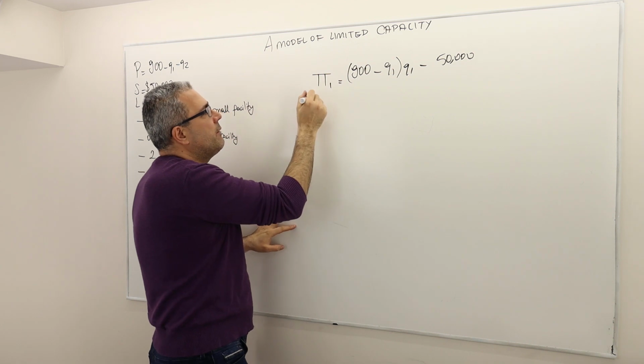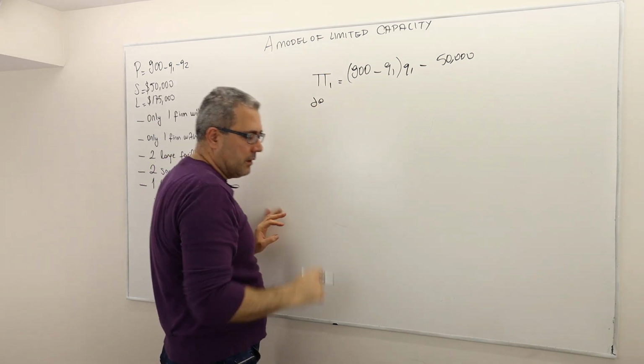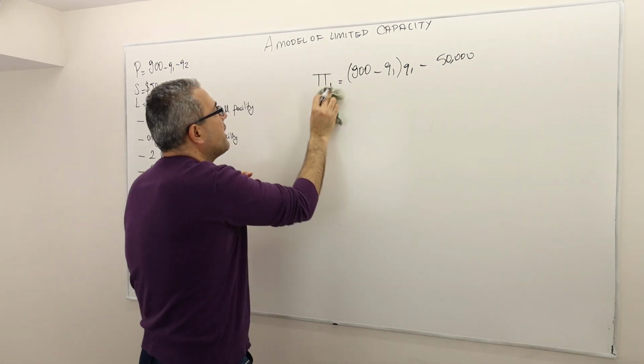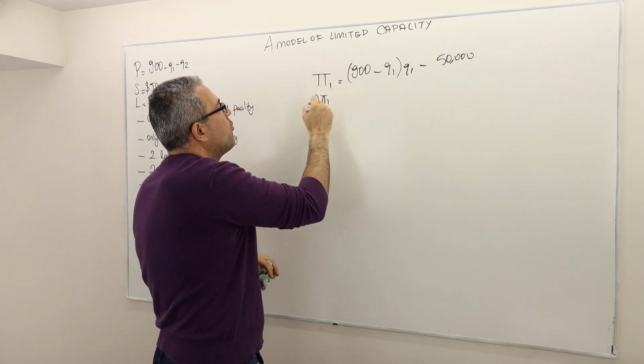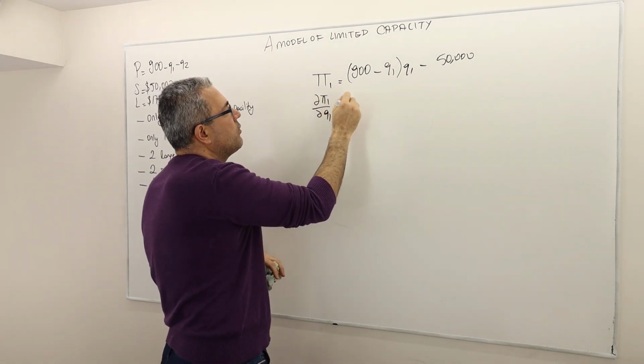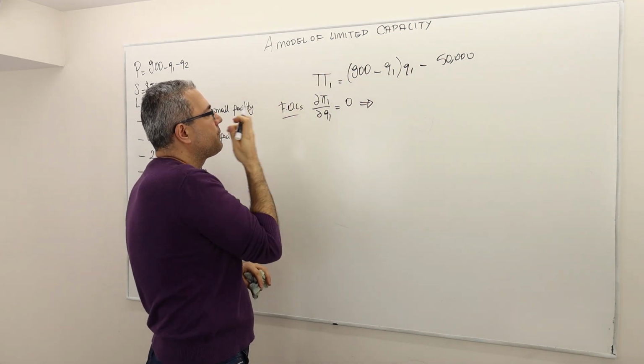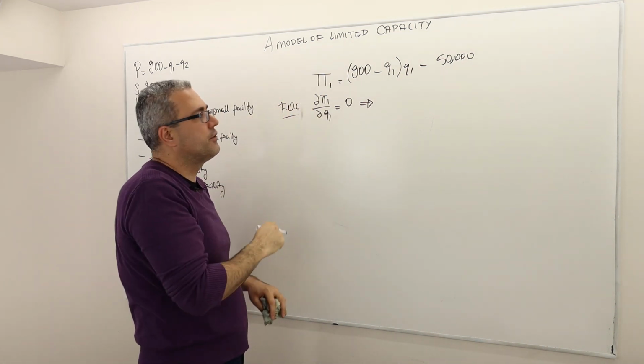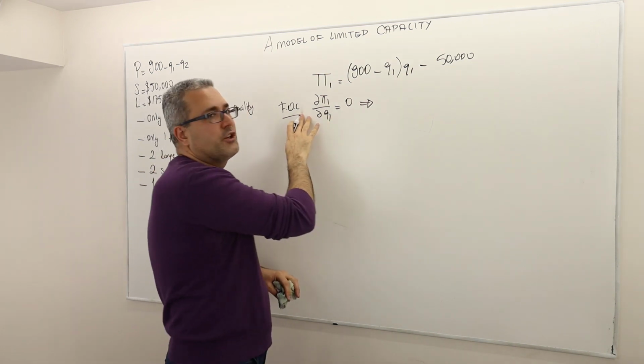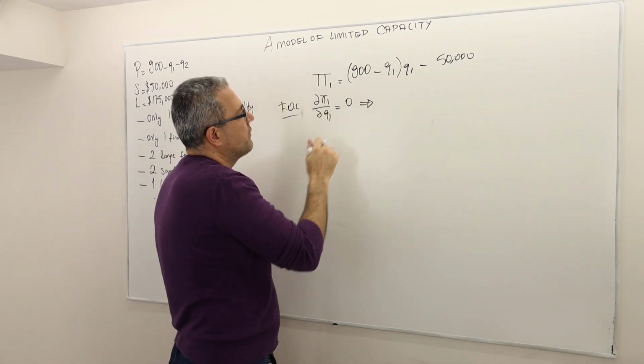So if you want to maximize this, what is the profit maximizing quantity? Well, del pi 1 divided by del Q1 equals 0. So this is the first order condition. There's only one condition.